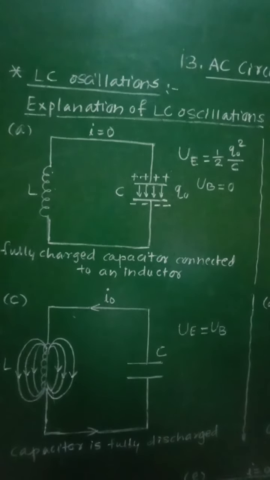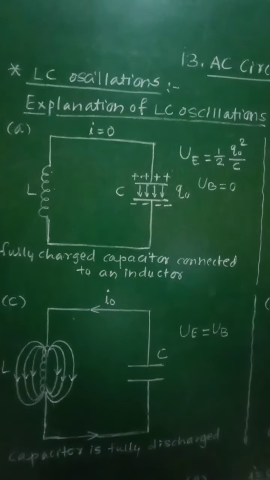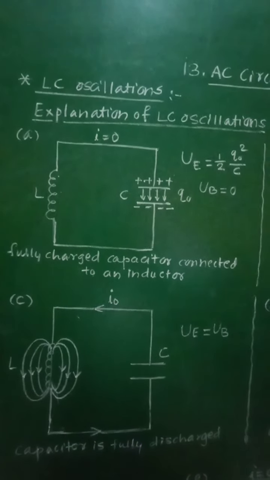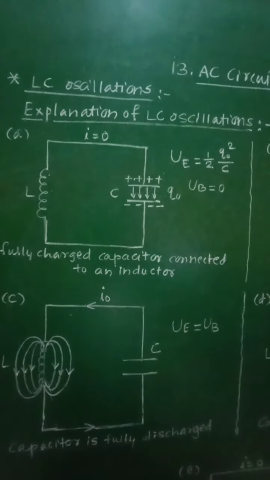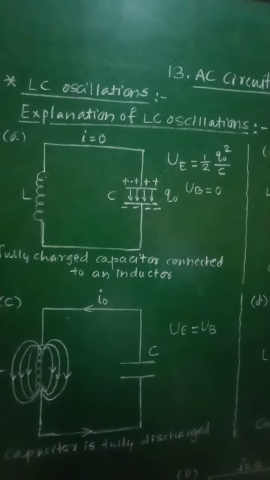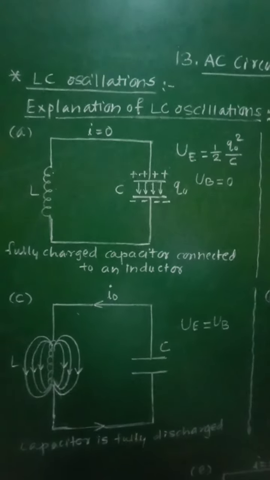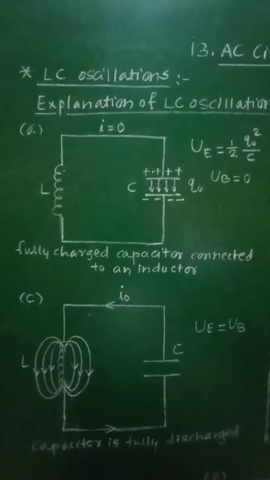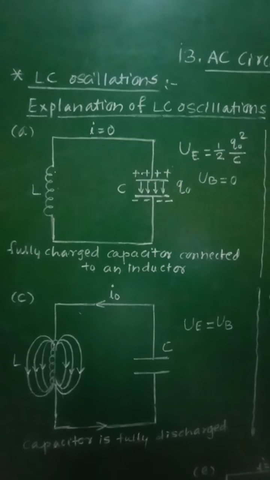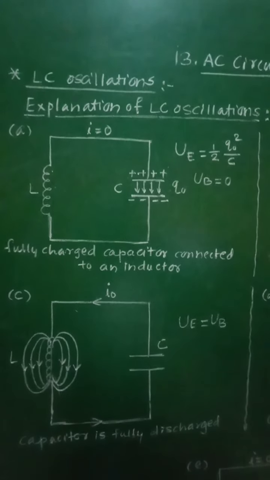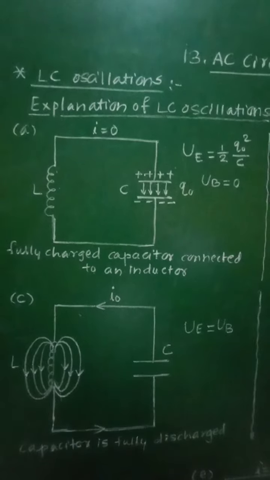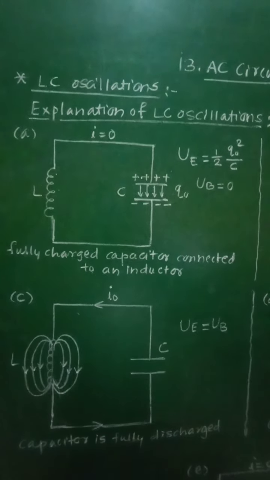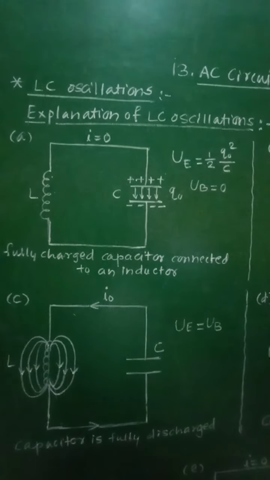When the discharging of the capacitor completes, all the energy stored in that capacitor will be stored in the inductor, that is, completely electrostatic energy will get converted into magnetic energy. Then the capacitor will become fully discharged.